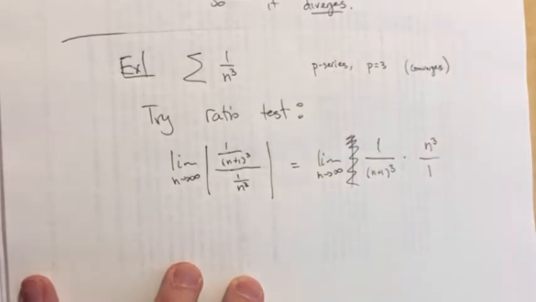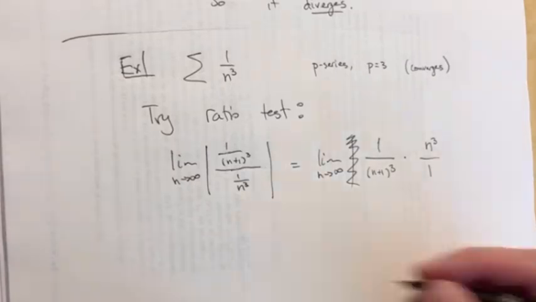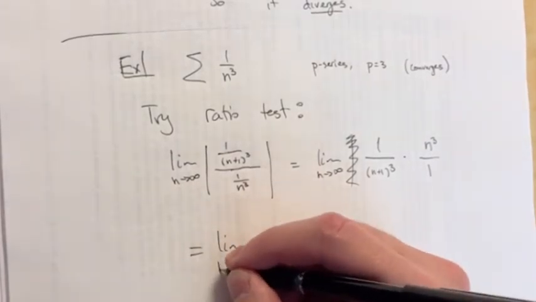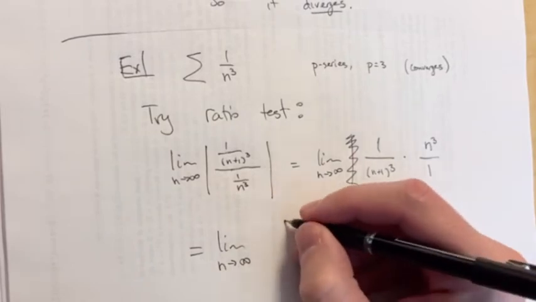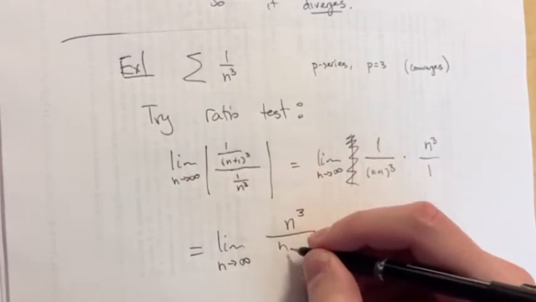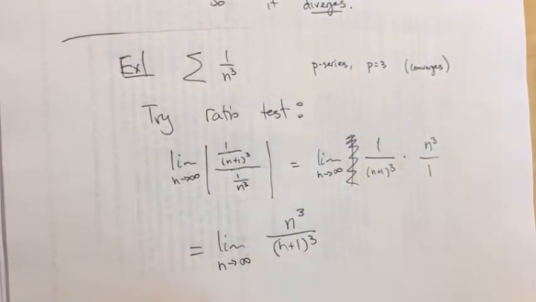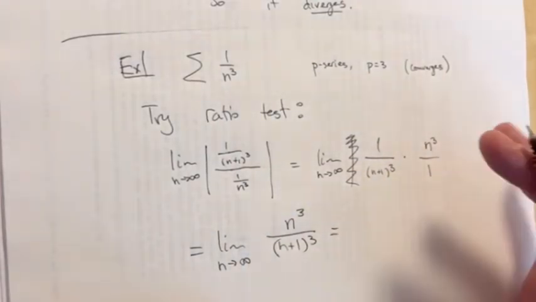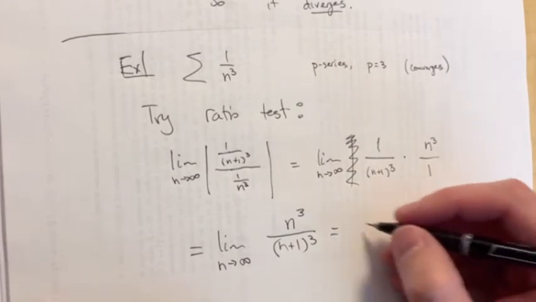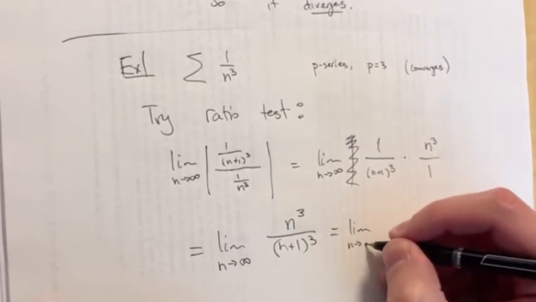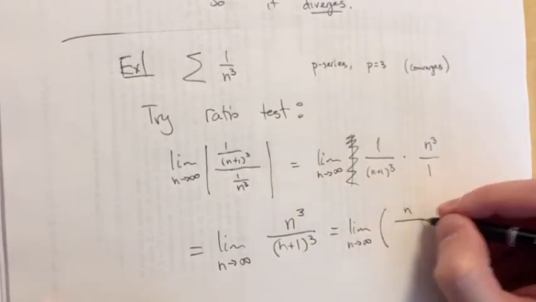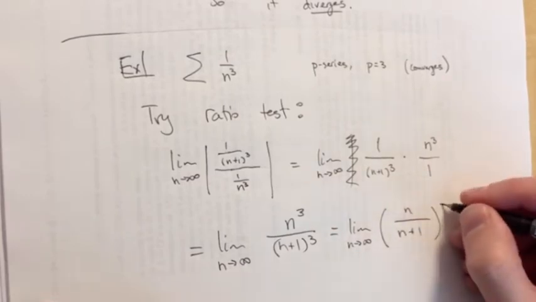I reciprocated the denominator. Putting all of that together, it says n to the 3 over (n plus 1) to the 3. Then, just like in the previous example, I'm going to pull that exponent of 3 around everything. So this is the limit of (n over n plus 1) to the 3.